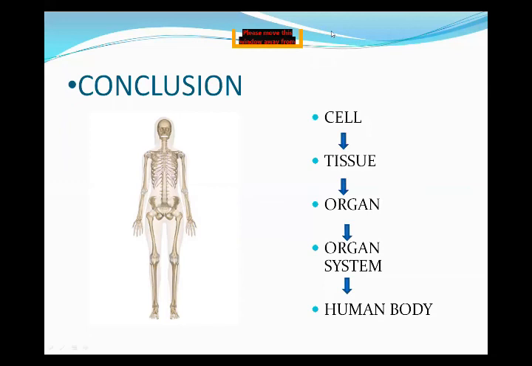The skeletal system is very important for us because without a skeleton we cannot move. It has 206 bones in our body. With the help of a skeleton, we can perform so many tasks, but a skeleton alone cannot move.